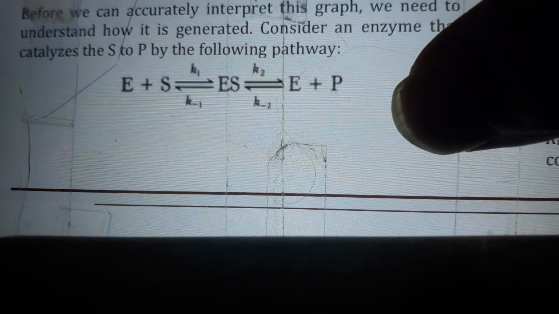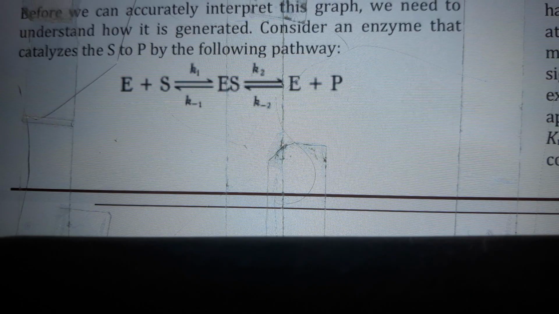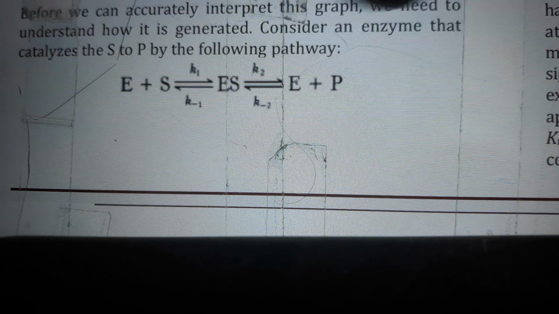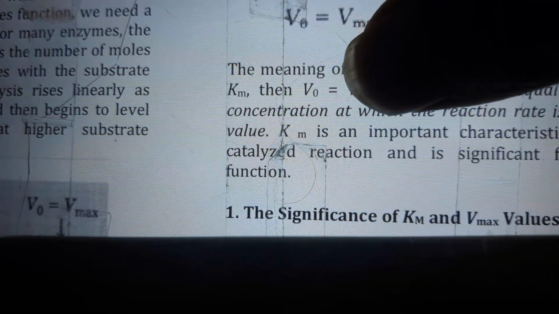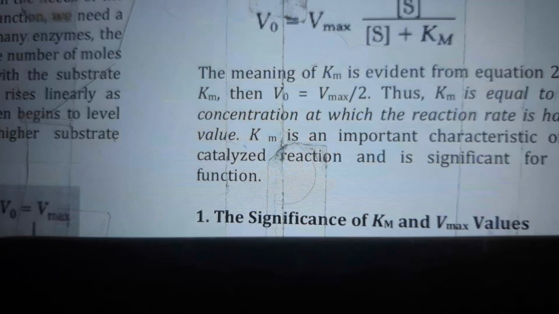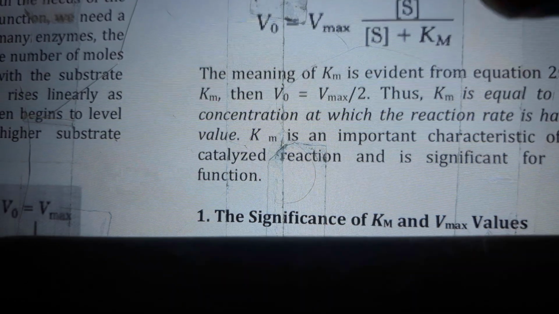Before we can actually interpret this graph, we need to understand how it is generated. Consider an enzyme that catalyzes the conversion of S to P by the following pathway: E plus S, reversible to ES, reversible to E plus P. The Michaelis-Menten equation: V0 is equal to Vmax times S divided by S plus Km.